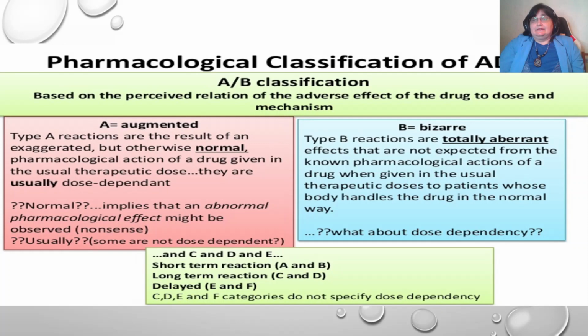And concerning the classification, there are also C, D and E types of drug reaction. Short-term reactions are A and B reactions; long-term reactions are C, D, a delayed E, and F. C, D, E and F categories do not specify dose dependency.